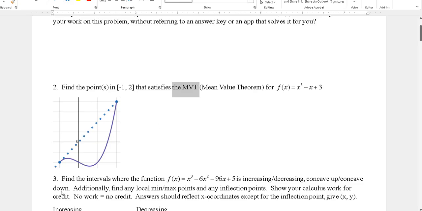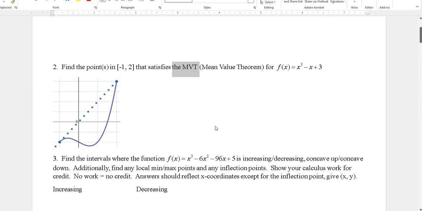I drew in this interesting line here. What's the mean value theorem say? All right, it is continuous from -1 to 2. It's differentiable on -1 to 2? Yep, it's differentiable on -1 to 2.